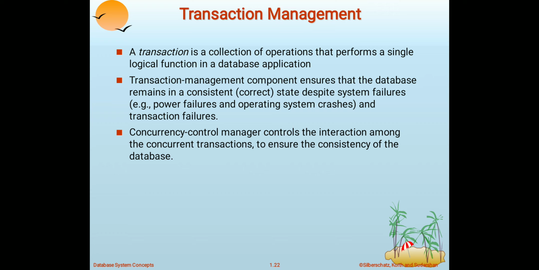That 5,000 will be updated in the account and shown in B, whereas in A the 5,000 will be deducted. So these types of operations will be done by the database transaction management.